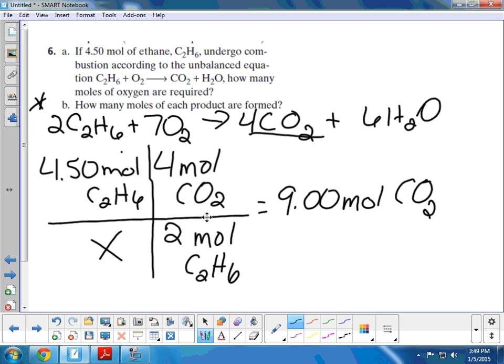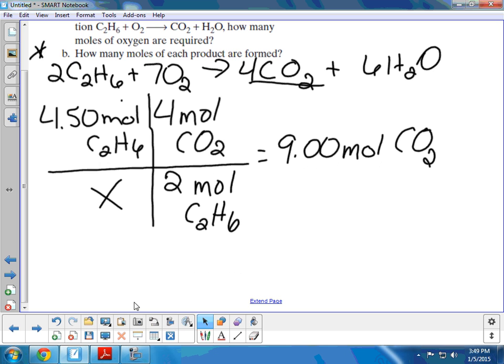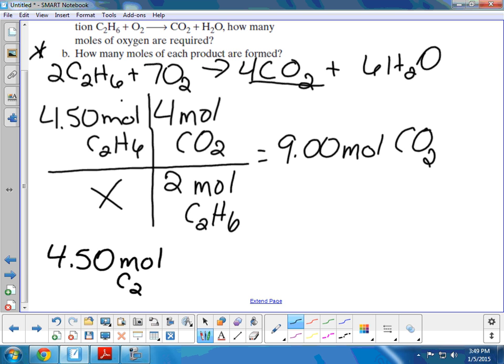And so now we have to do the exact same thing for water. We're still going to start with the number that they've given us in the problem. That's our 4.50 moles C2H6.